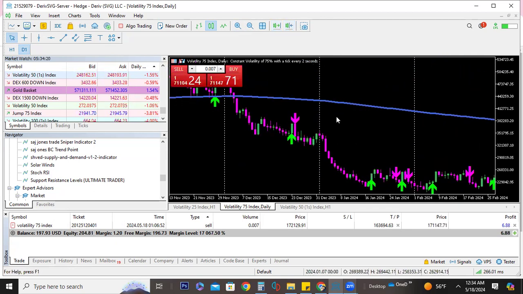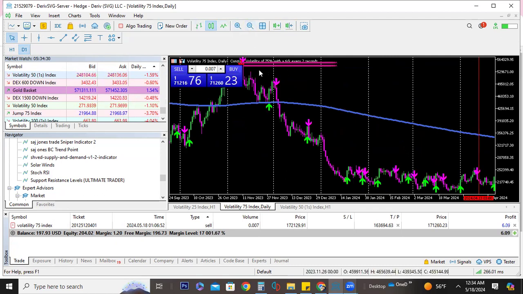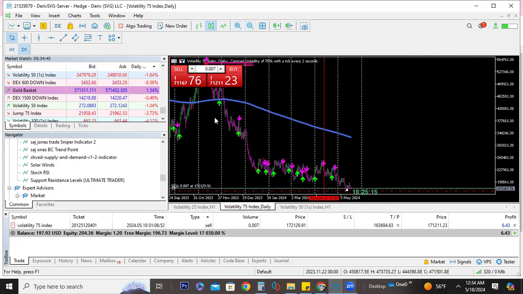So look how many days this has been in the downtrend since off of this resistance. The resistance hit, the trend point arrow hit the market, and it broke through the 200 moving average. It really doesn't matter if it has broken through the 200 moving average on the daily time frame. That's not really the important part. But if the candles are below the 200 moving average, then you best believe that this is going to keep pushing in this direction for a long period of time until it breaks back above the 200 moving average.